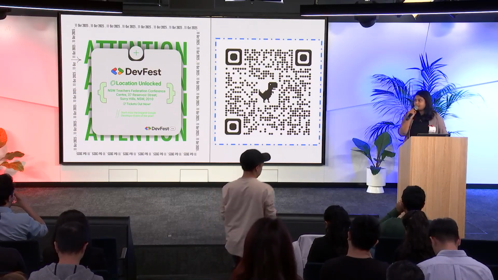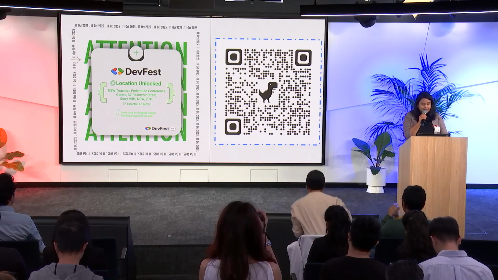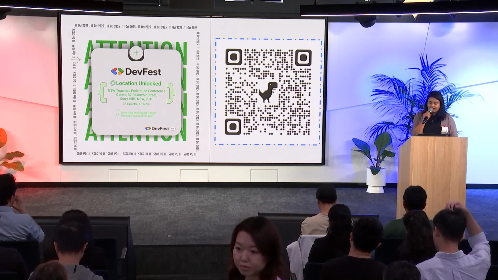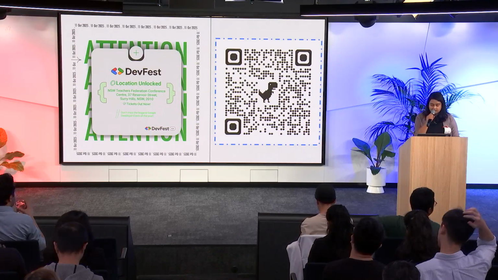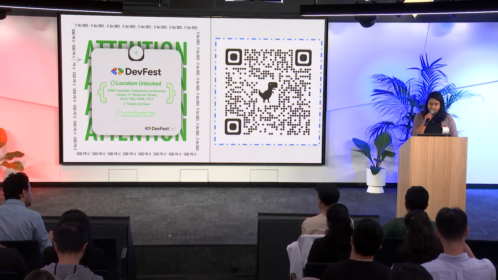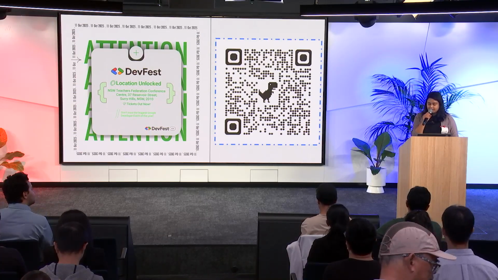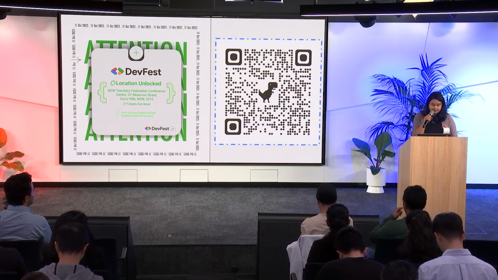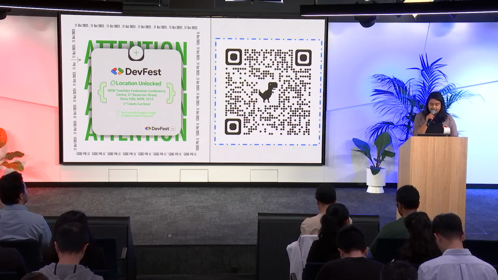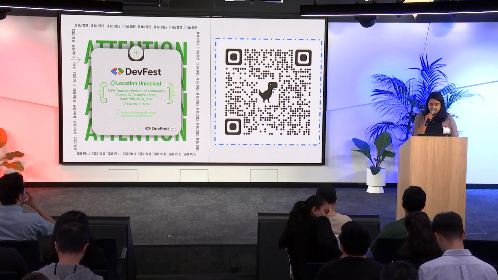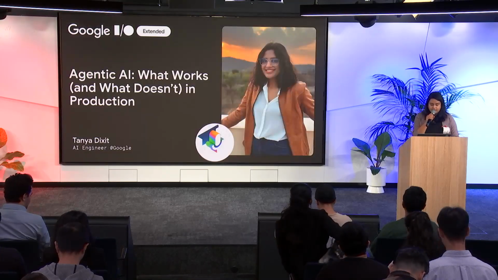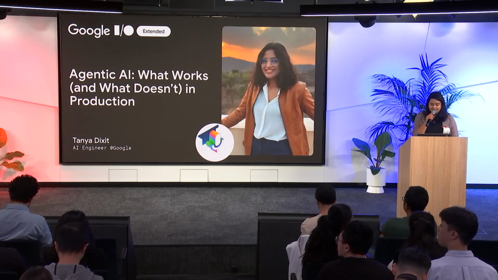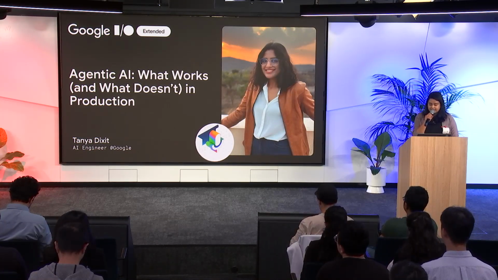Now, moving on to our next speaker, Tanya Dixit, a generative AI solution architect at Google, where she drives AI innovation and strategic programs using tools like Vertex AI and Kubeflow. Before joining Google, Tanya led machine learning initiatives at Crayon, focusing on MLOps and multi-cloud platforms such as AWS and Azure.